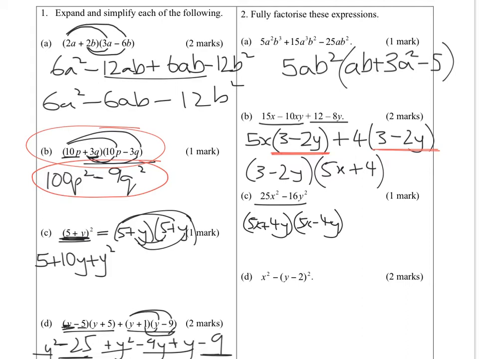Now D. D is the same as C, but it's a little bit trickier because this is trying to trick you, but it's still a difference of two squares. It's one square minus another square. So two brackets. Square root the first, we get an x. Square root the second, well, when we get rid of the square, that's just square rooting.